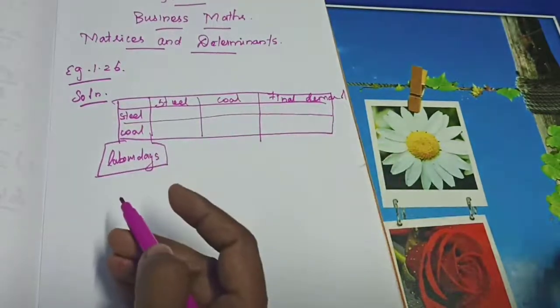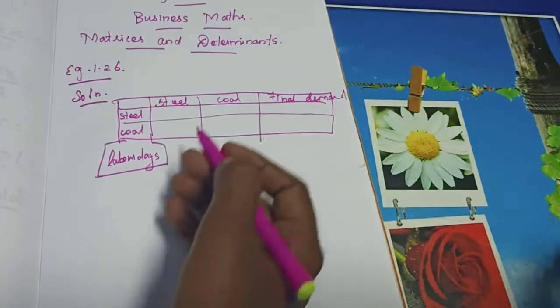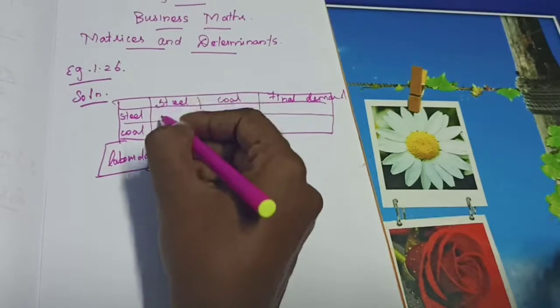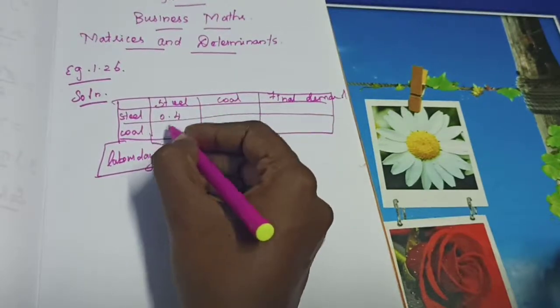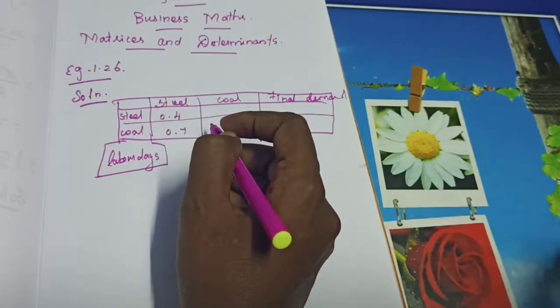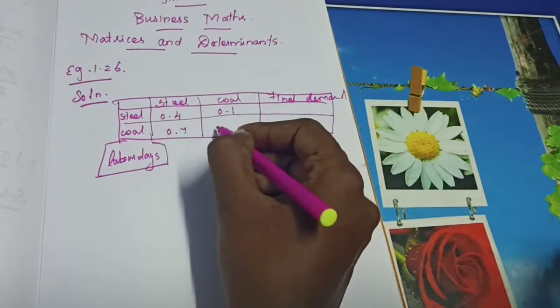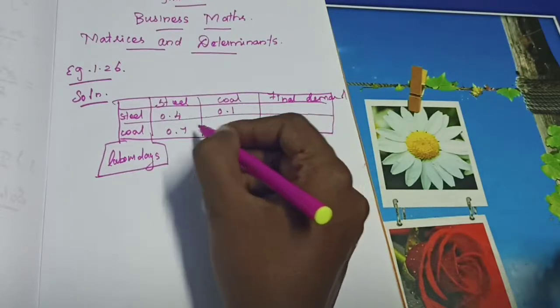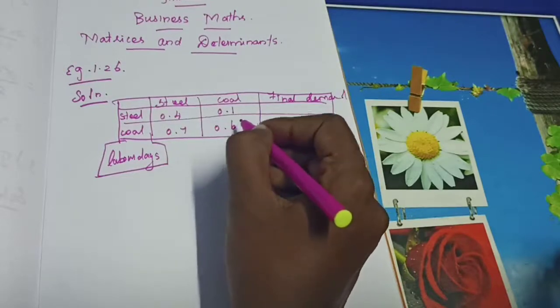From the first statement, 0.4 ton of steel, 0.7 ton of coal. So here it is 0.4, then coal is 0.7. Then similarly 0.1 ton of steel, 0.6 ton of coal.